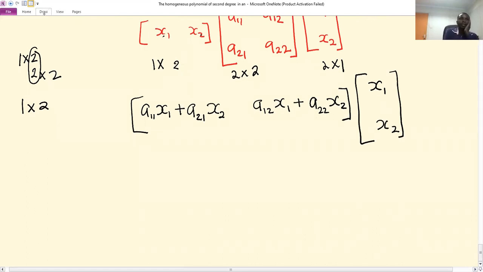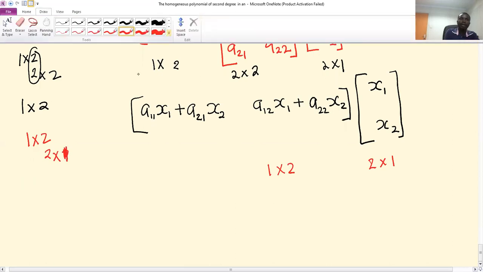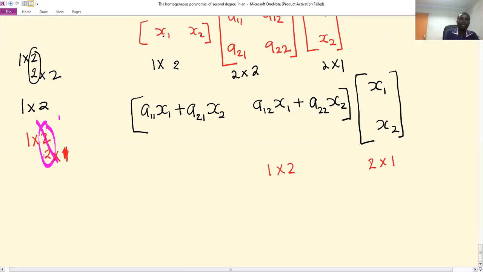Now here, this matrix has order 1 by 2, while this other one has order 2 by 1. So when you multiply a matrix of order 1 by 2 by a matrix of order 2 by 1, you expect a matrix of order 1 by 1, which is simply a scalar or a function or a number.